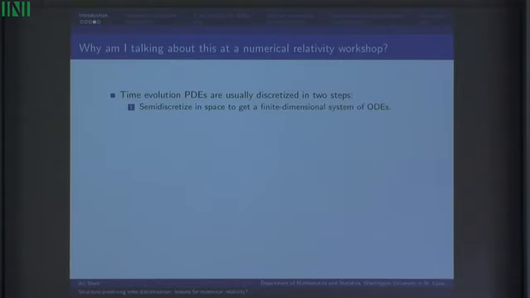And that turns this time evolution PDE into a finite dimensional system of ODEs, right? And then we generally apply some numerical integrator to advance this finite dimensional system of ODEs in time, and that gives us an approximation to our time evolution PDE.